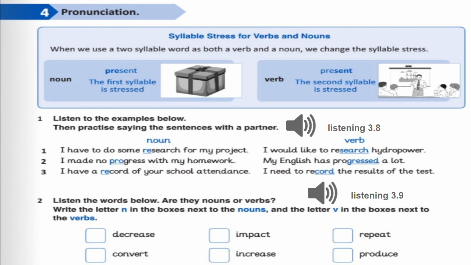Convert, convert. Increase, increase. Produce, produce.